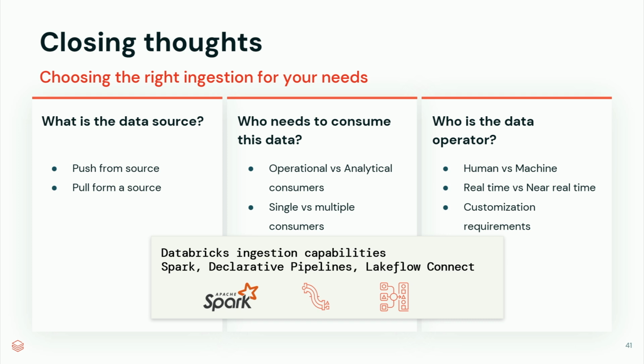Also, how many consumers of the data do we have? A single or multiple? If you have multiple consumers of the topic on the message bus, and some of those are operational applications, then maybe it makes sense to keep that message bus around and have this replication pipeline through declarative pipelines or Spark.